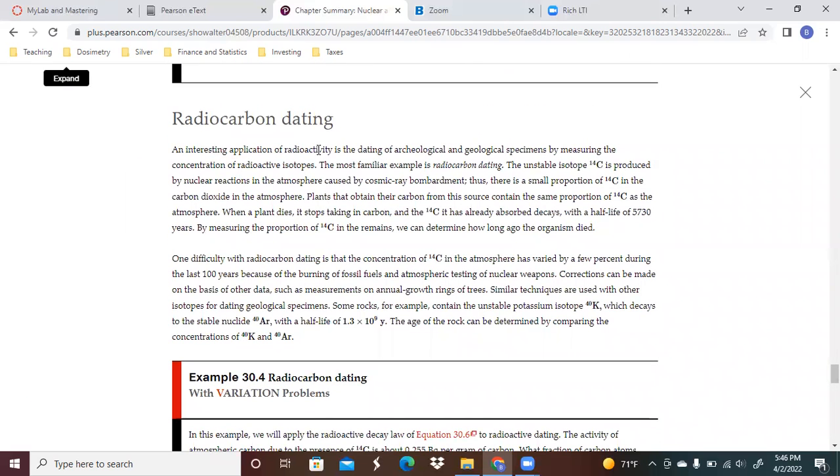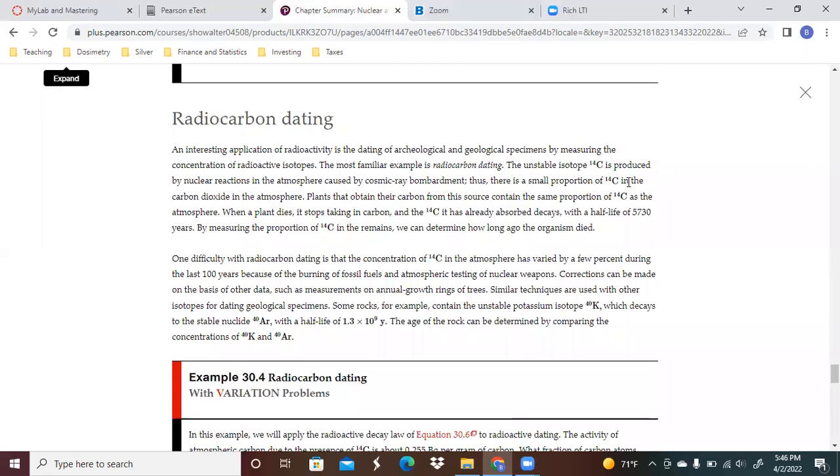Radioactive or radiocarbon dating is basically taking advantage of decay constants and how much material is left in a body to determine how old it is. The unstable isotope carbon-14 is produced by nuclear reactions in the atmosphere caused by cosmic ray bombardment.